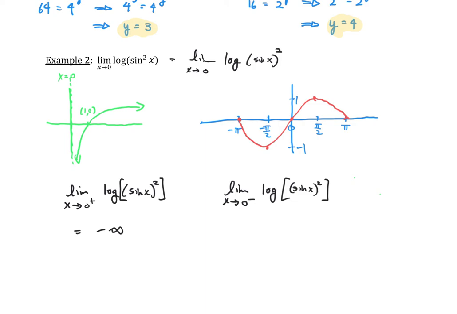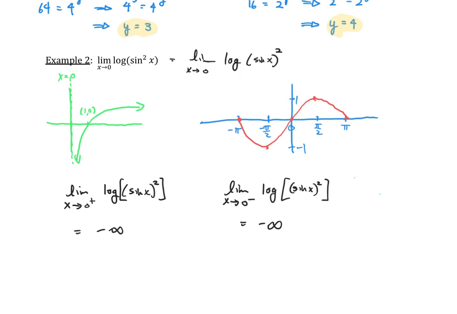So really, because I'm squaring it, I'm plugging in very small positive values of sine of x squared. So these guys on the inside are going to be very small positive numbers. Very small positive numbers essentially means we're coming from the right side of 0 again. So because we're coming from the right side of 0 again, this limit is going to go to negative infinity as well.